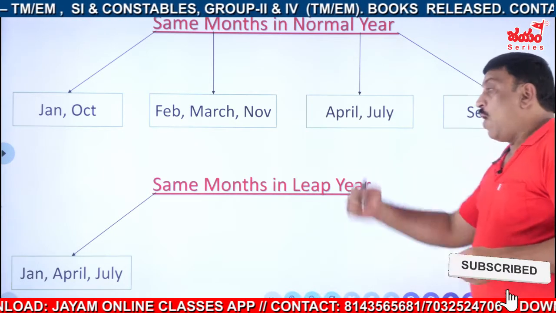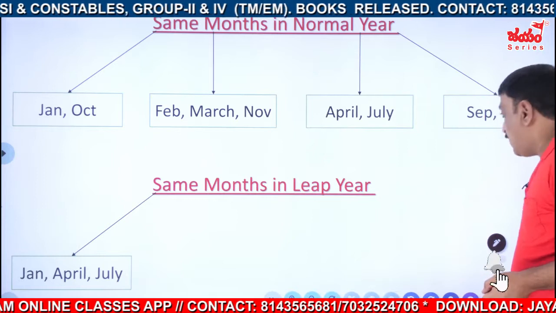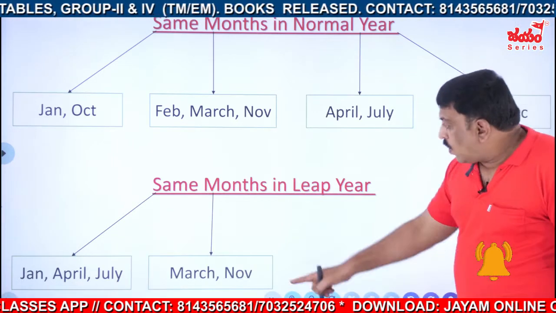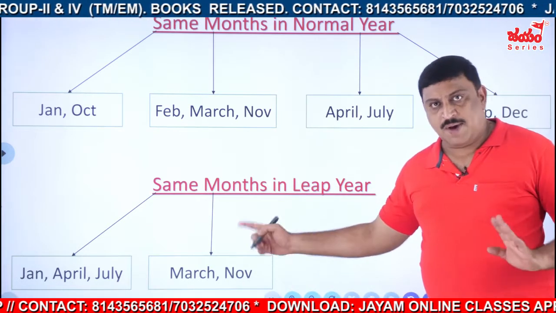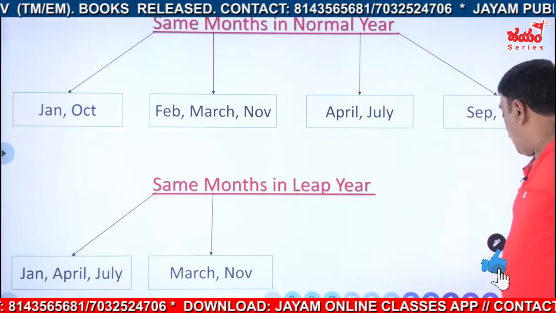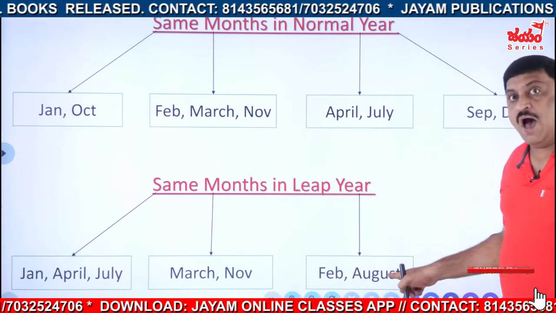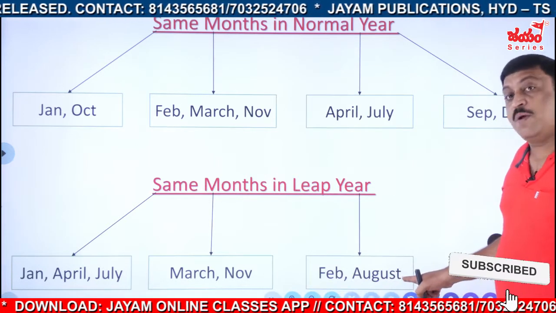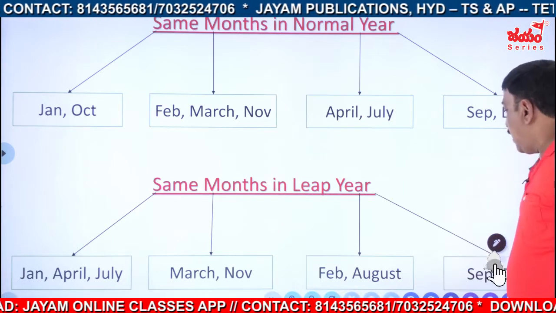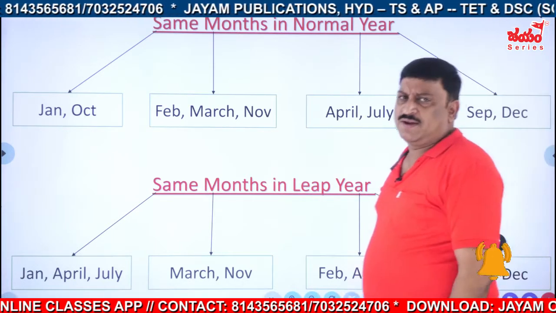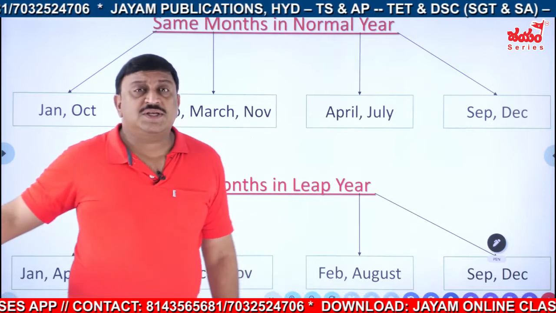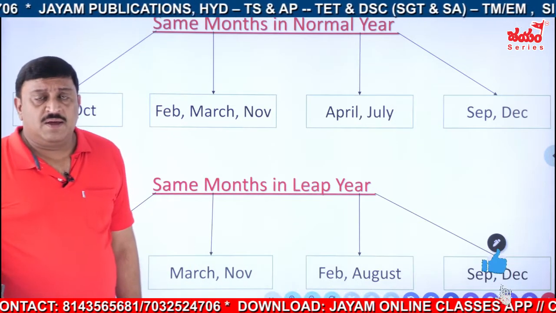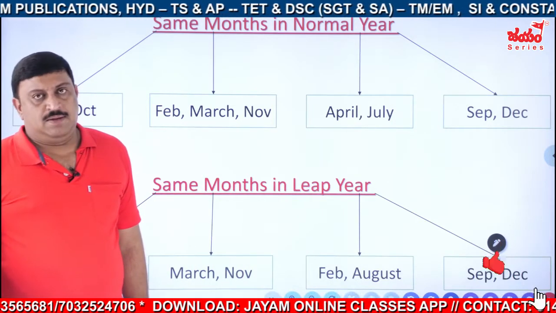Then what about February? February, okay, March and November as it is. But February pairs with what? August. See that one. February pairs with August. And last one as it is, September and December. Right?